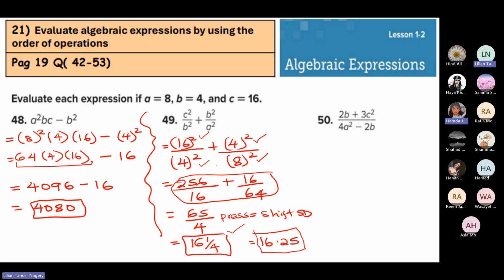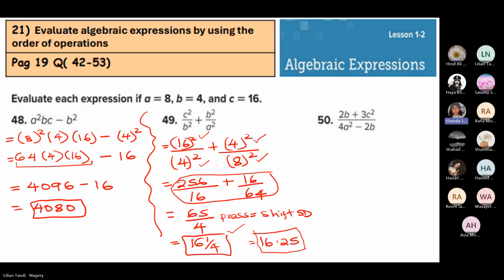Miss, when we add a fraction, the denominator must be the same, yes? I agree, but you're using a calculator, so the calculator is doing that for you. Miss, in the final exam, if in the multiple choice I got this mixed number and the decimal, how do I know which one?